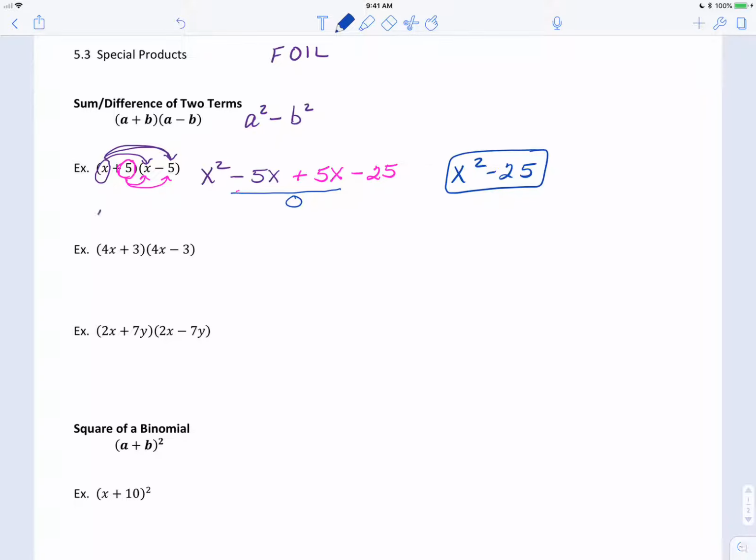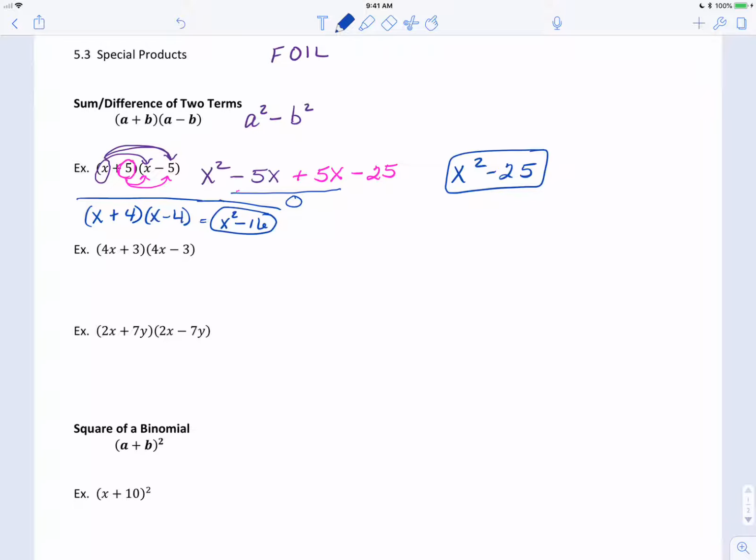If I had another example like x plus 4 times x minus 4, you could just recognize that the answer is going to be x squared minus 16. So just throwing another example in. And so on. You could do any of those.